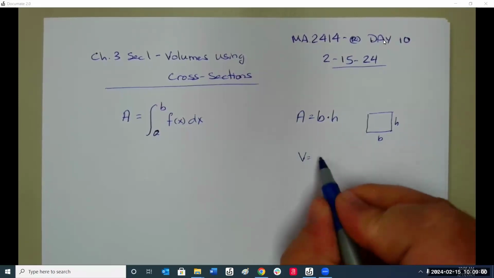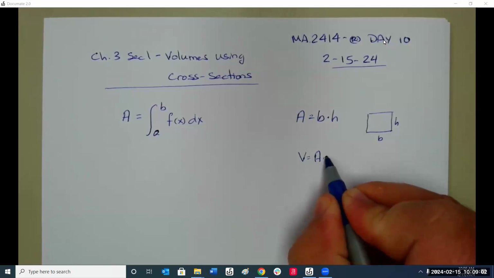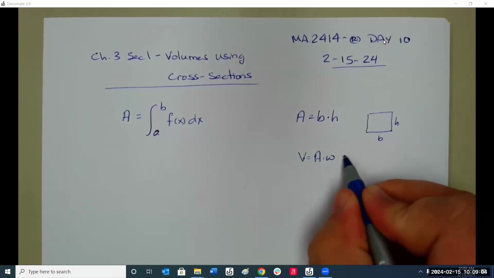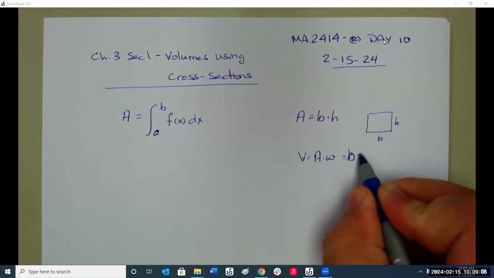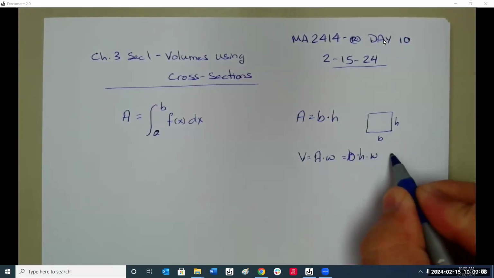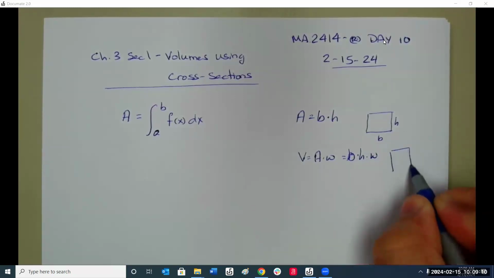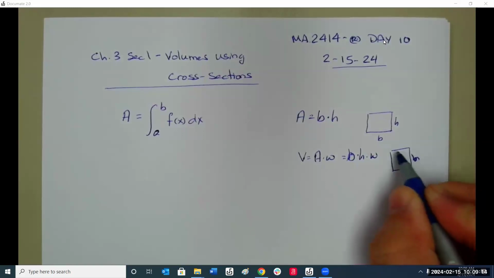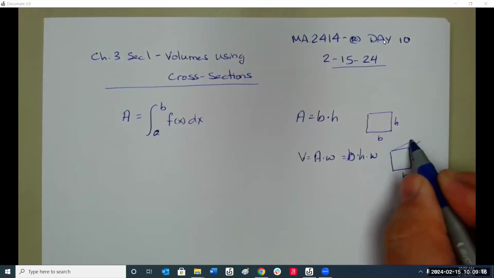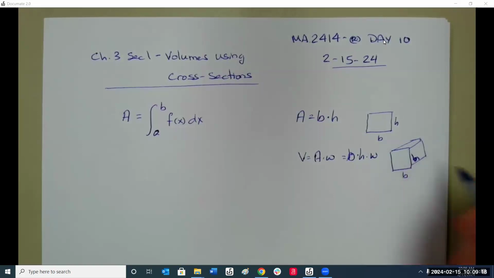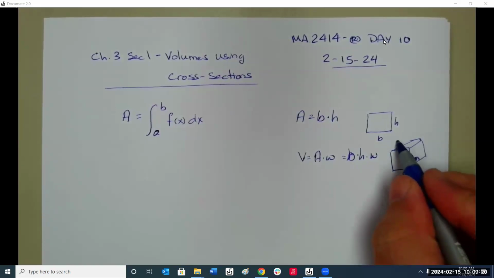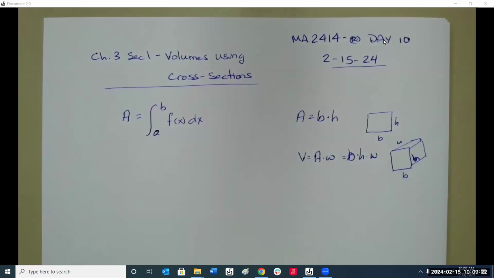Volumes are areas times some width, or base times height times width. And that's W. So it's 3-dimensional figures. Okay, so that's what we're looking at this time.